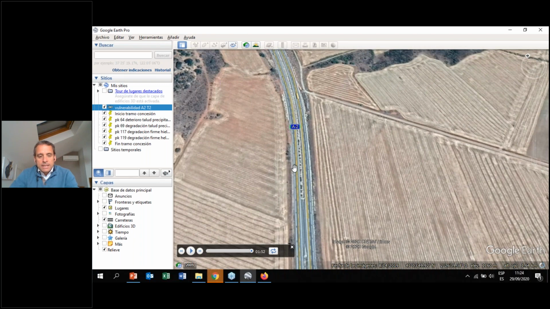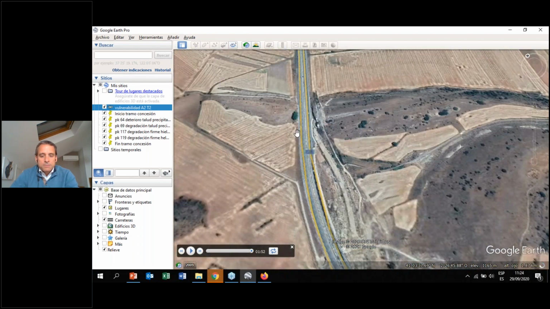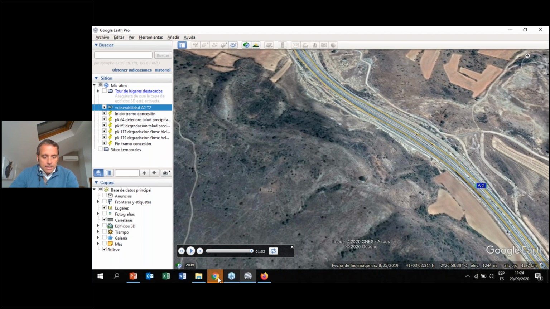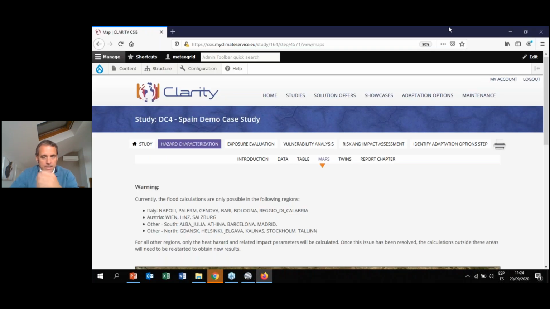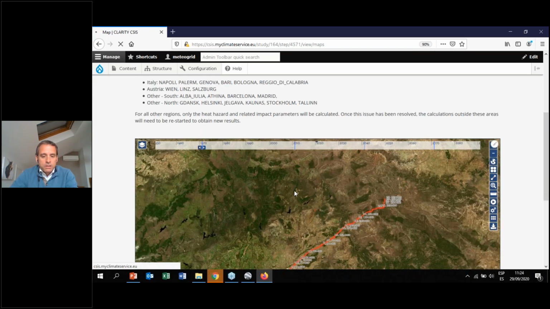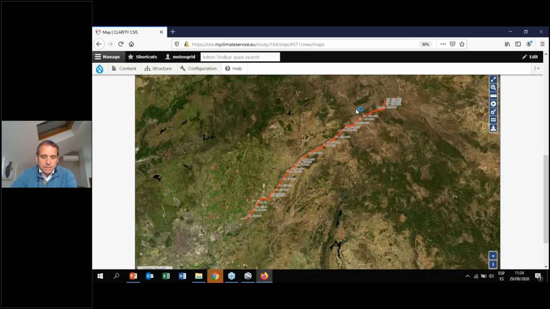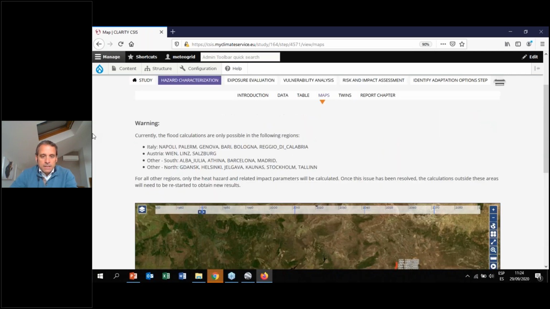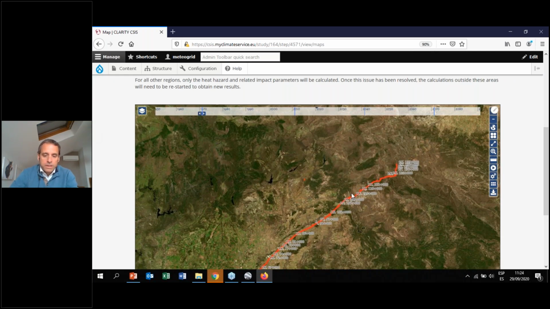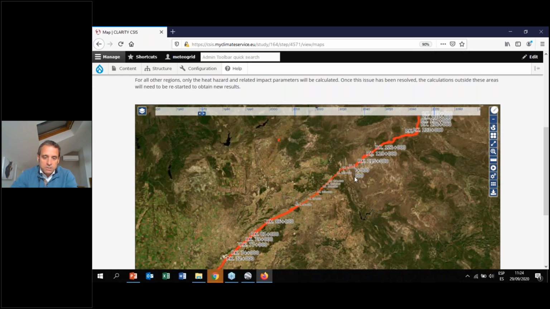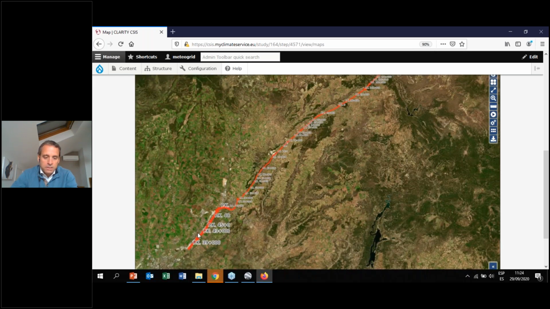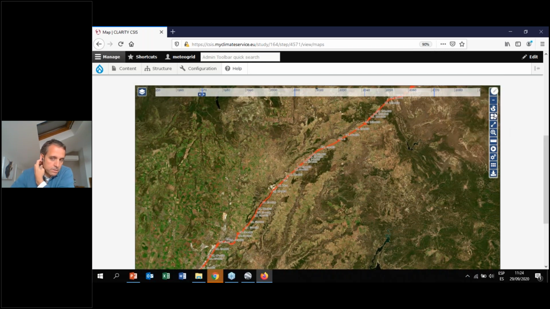Once the exposure analysis has been done, we go to the tool. The tool lets us also characterize each of the tracks. Let me put this down so I can manage. Here in the system, we can plot out a map with all the identified points. This is the track that you have seen previously in Google Earth, which is rather more visual.